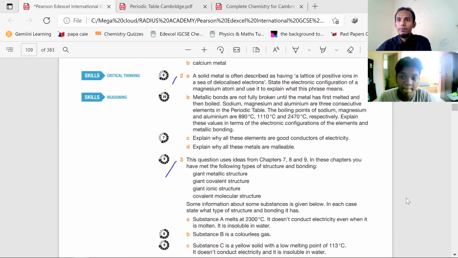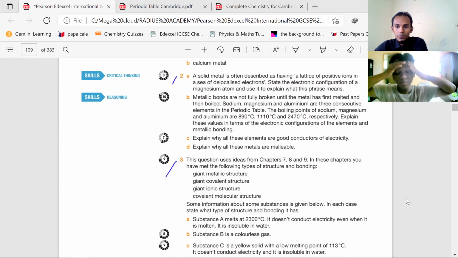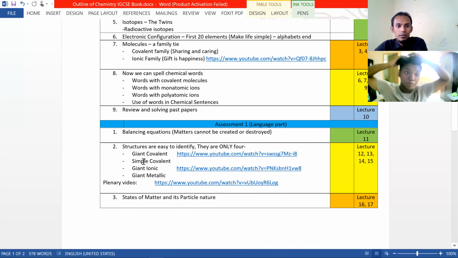Okay, so these 3 things we have completed: covalent, ionic, and metallic. Now I want to summarize the whole concepts as we have completed today's fourth class on structures. Structures are easy to identify, and they are only 4: giant covalent, simple covalent, giant ionic, and giant metallic.